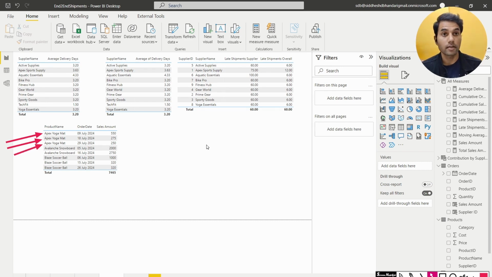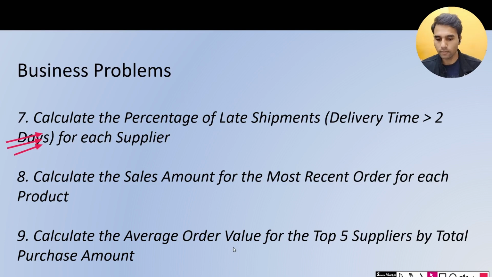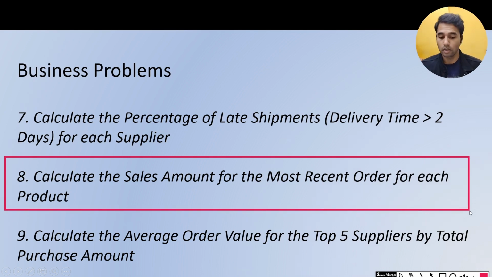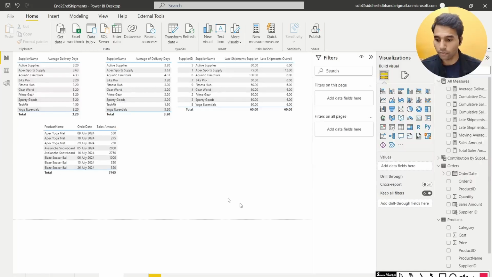And my question says that get the order amount for the latest sale. So if I go back to my PPT, I see that I've got to find out the sales amount for the most recent order. So in the context of my Apex Yoga Mat, the most recent order happens to be on 29th of July, and I need to find the sales amount for that order.